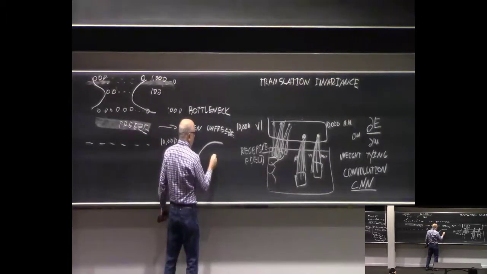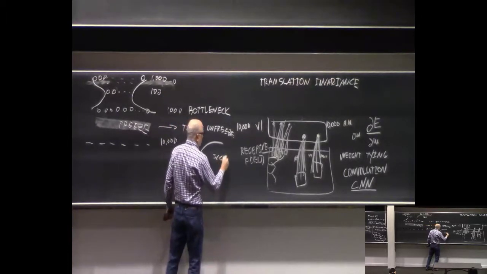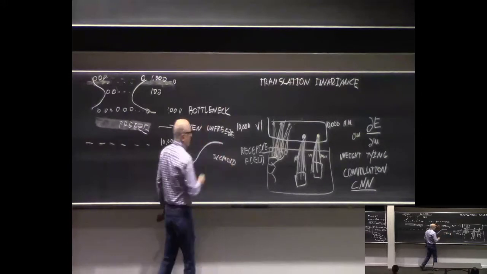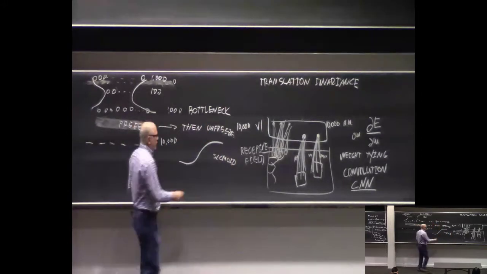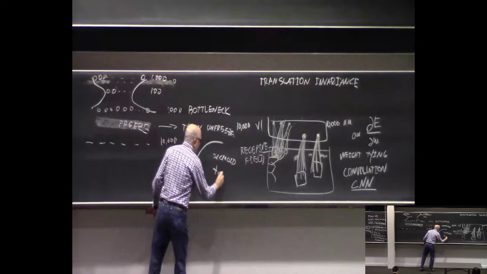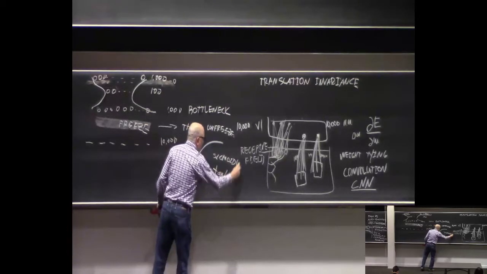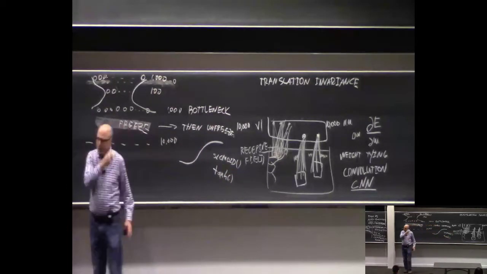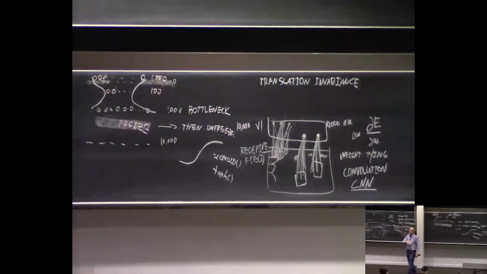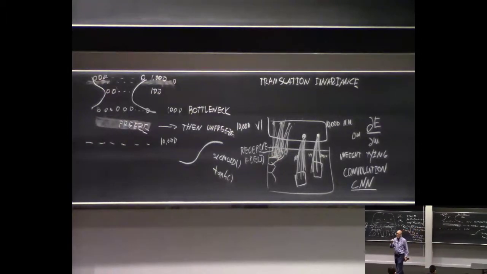That's the sigmoid. And with some variations of the sigmoid, for example, the hyperbolic tangent is very similar to the sigmoid. It just goes from -1 to +1, and it's slightly different than the sigmoid.